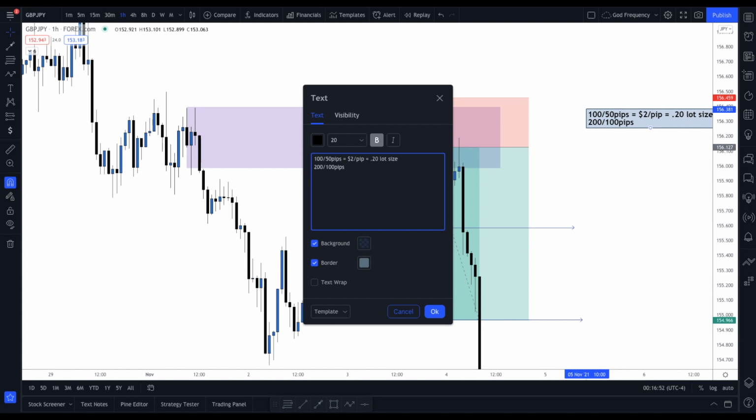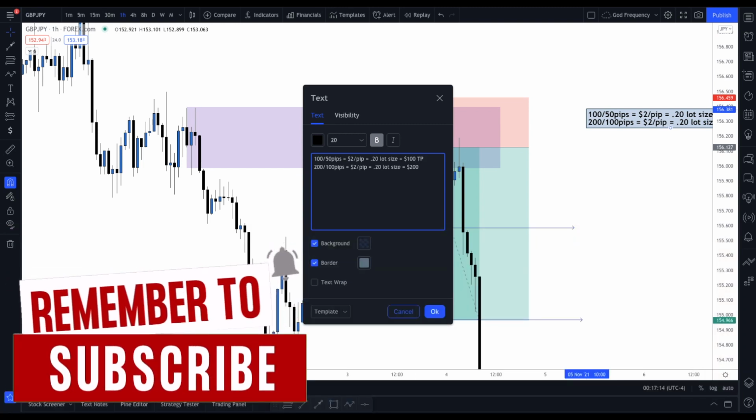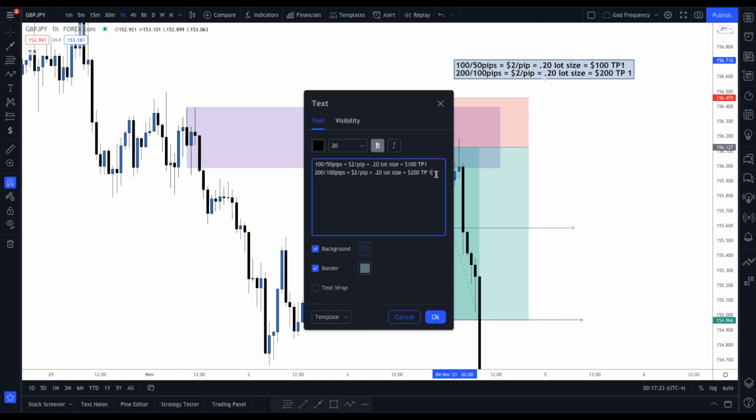It would still be $2 per pip. All you're doing is just doubling it. So this equals $200, and this equals $100 for TP1. Oh, that was TP2 actually. You get the point.